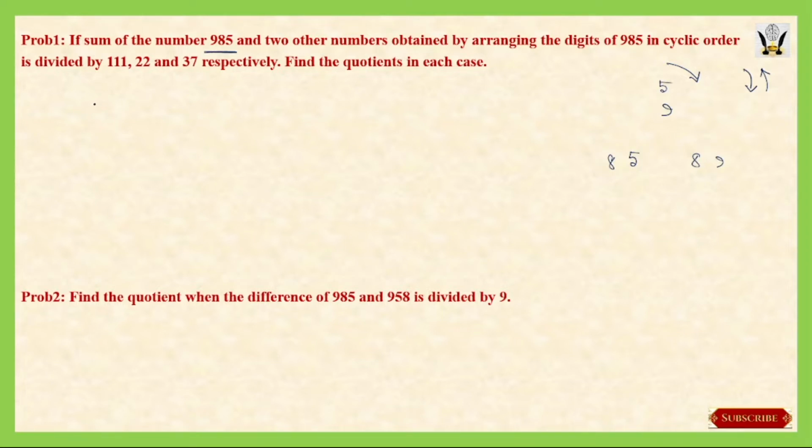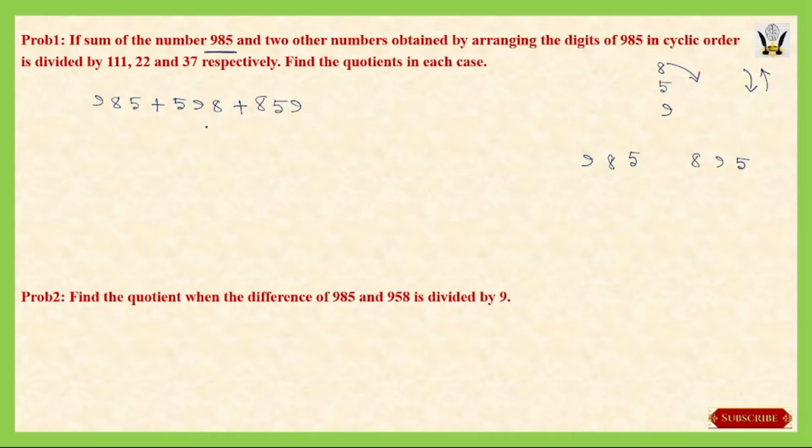So the first number was 985, and the second number will be 598. Further we move the digits in cyclic order: 5 will come here, 9 will go here and 8 will go to the position of 5. So the third number will be 859.